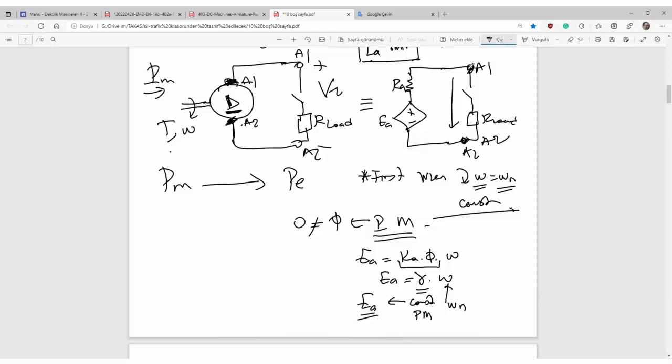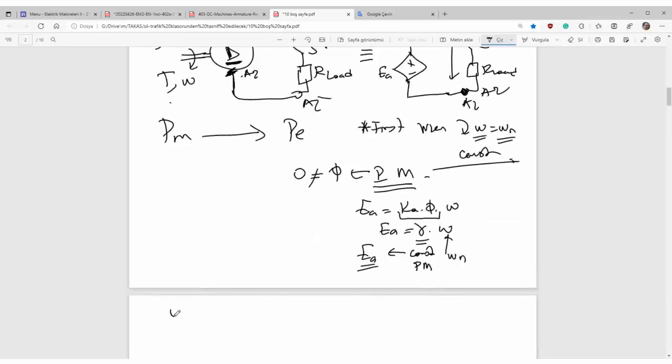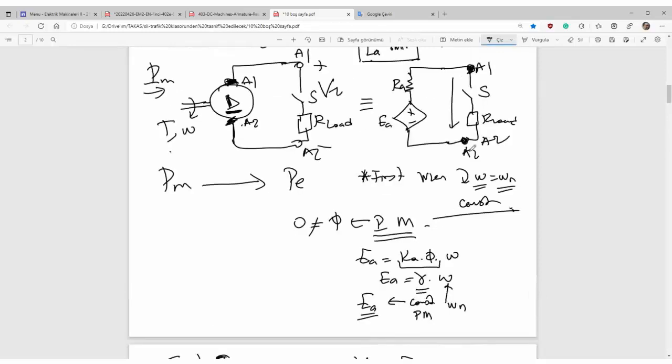And across the terminals, let's say there is a switch S, a circuit breaker. First, S is off, and then as a terminal voltage, you will see or measure the armature EMF. Let's apply Kirchhoff's voltage law around this loop.